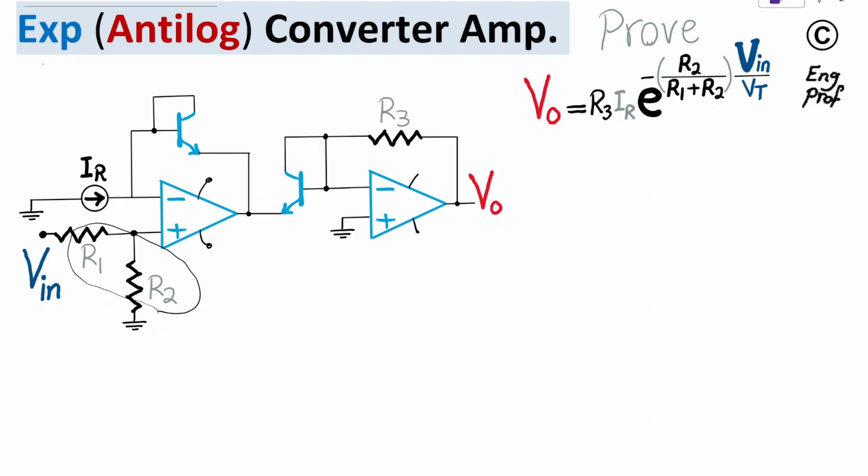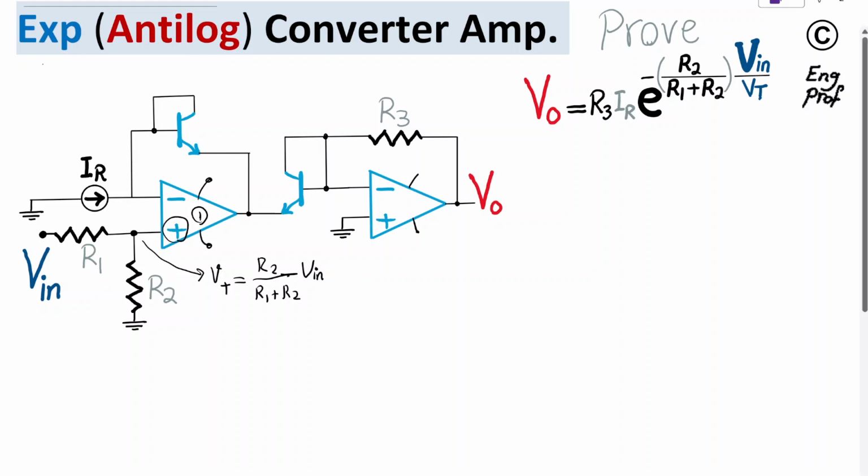R1, R2 especially. Okay, so with that in mind, obviously the voltage at the positive input terminal of op-amp 1 is computed as R2 over R1 plus R2, a simple voltage divider, times Vn. Since we are making the assumption that op-amp 1 is in linear region with the proper negative feedback here, virtual short is valid.